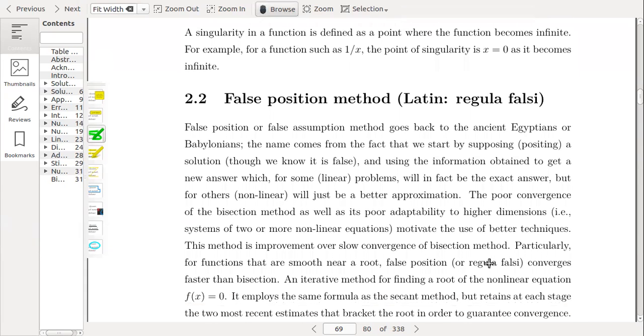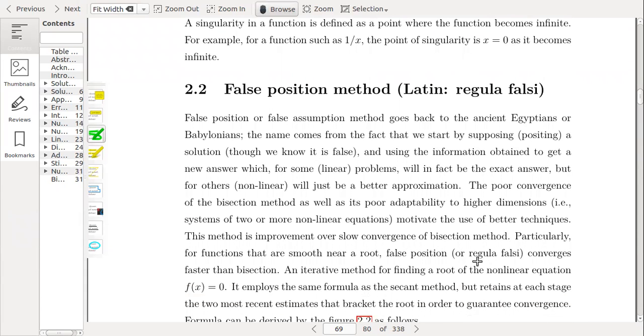So why did this false position method need to be invented or constructed? Actually, the poor convergence of the bisection method means its convergence is very slow, as well as its poor adaptability to higher dimensions, and maybe it is not convenient or efficient to use it for higher dimensions.